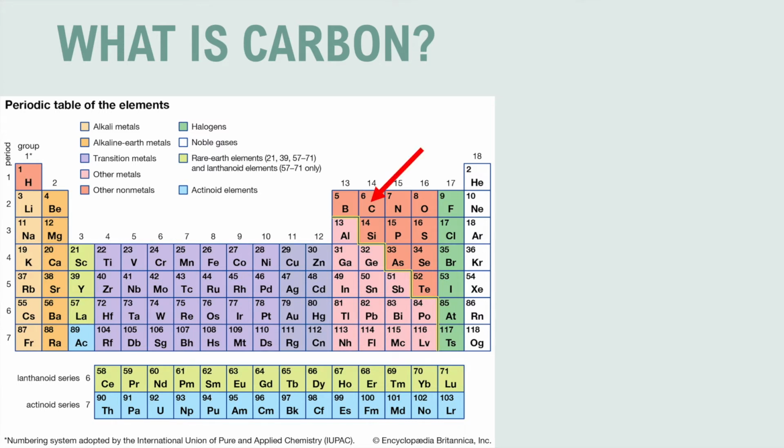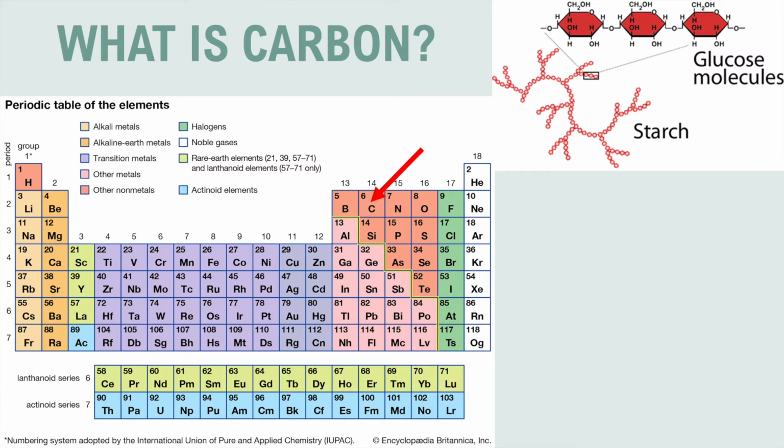Carbon is an atom and it is very important for making up biological or organic molecules. Maybe you remember from the chapter on the digestive system that we need carbohydrates, that we need fats, and that we need protein.